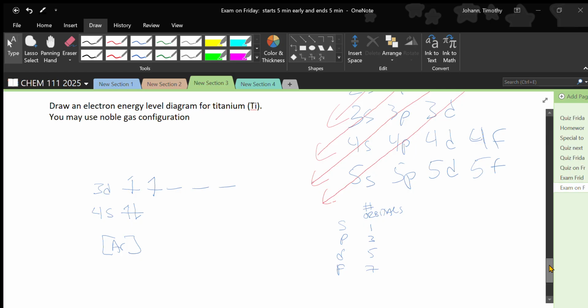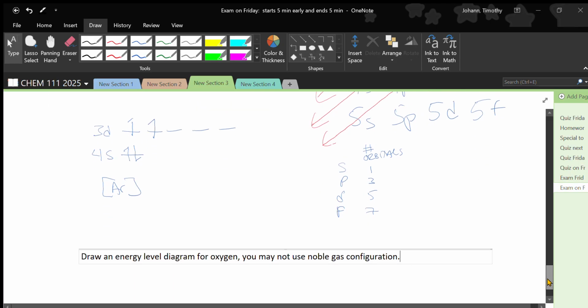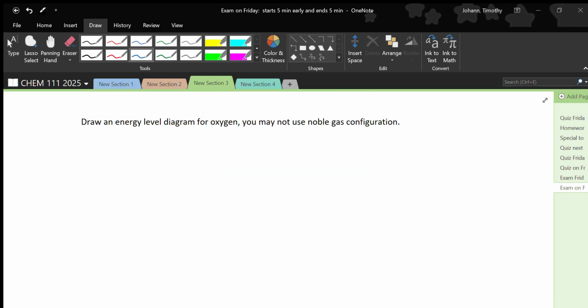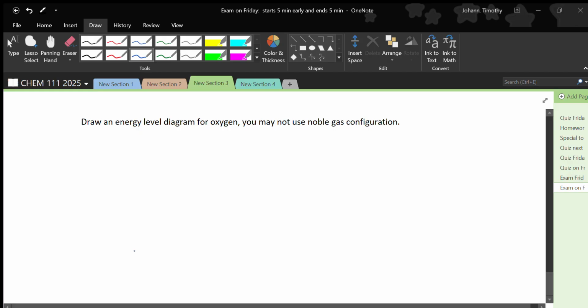Let me do this one. I can't use noble gas configuration, so I'm going to go across the periodic table. I'm going to start with 1s. I'll put 2 electrons in, 1 for hydrogen and 1 for helium. Then 2s: I'll put 2 electrons in, 1 for lithium and 1 for beryllium, just following where they are in the periodic table.